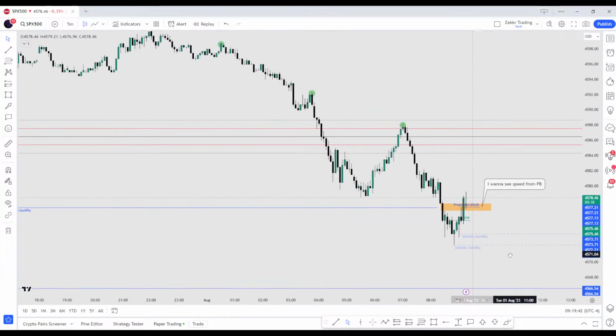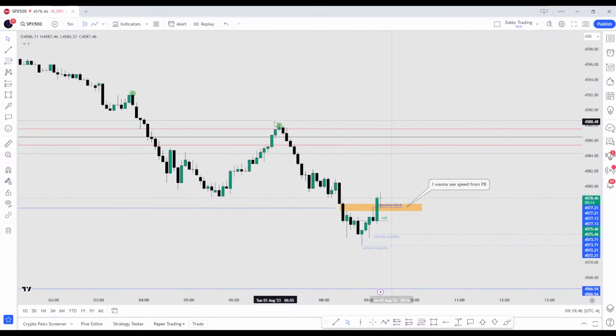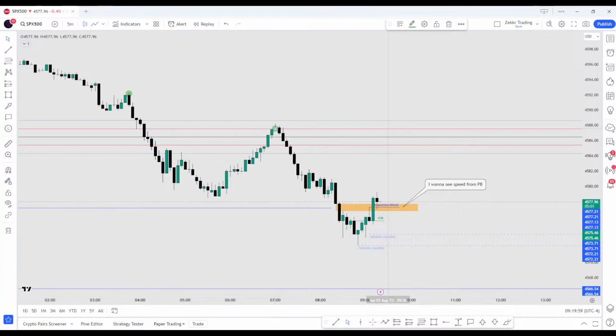And the target could be this buy side liquidity overall at 4588, but I would take profits at the opening gap. I'm still not gonna enter and just wait.